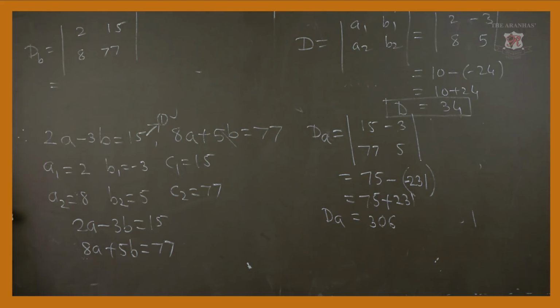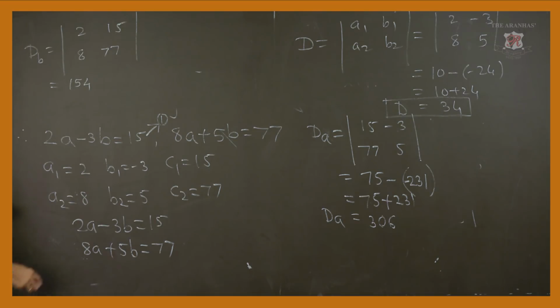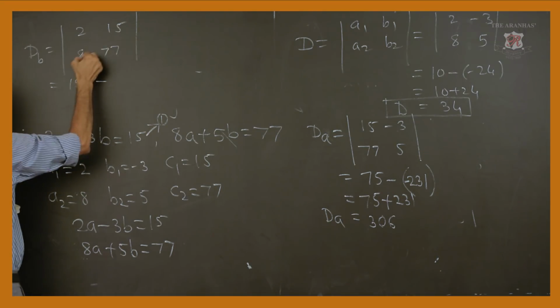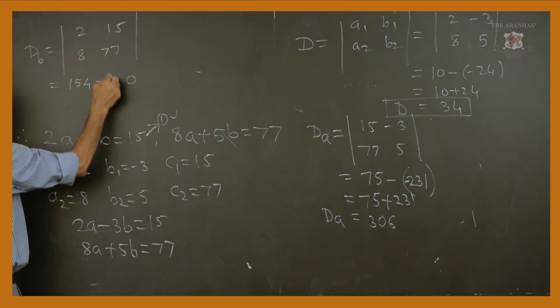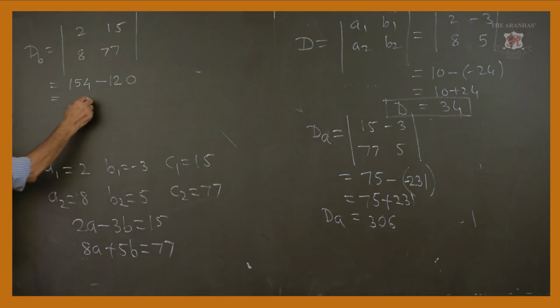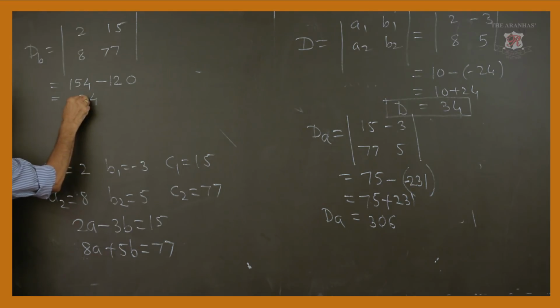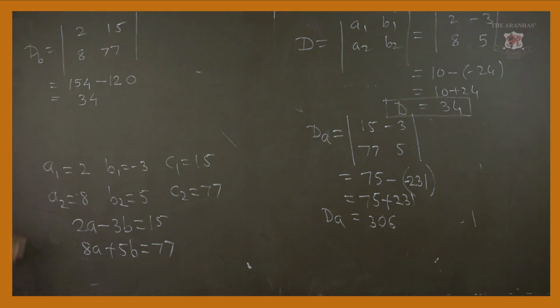Now find the value of the determinant. 77 into 2. 2 sevens are 14, 2 sevens are 14 and 1 is 15, 154, minus 15 into 8, 120. So 154 minus 120, 34. You get dB is equal to 34.